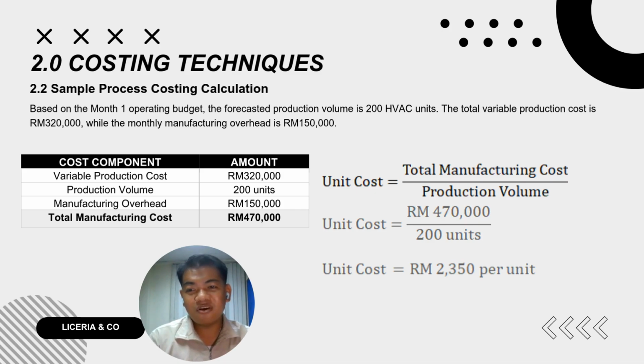From the table, we are forecasting a production volume of 200 HVAC units. Our total variable production cost is 320,000, and we have a monthly manufacturing overhead of 150,000. When we combine these figures, our total manufacturing cost comes to 470,000.